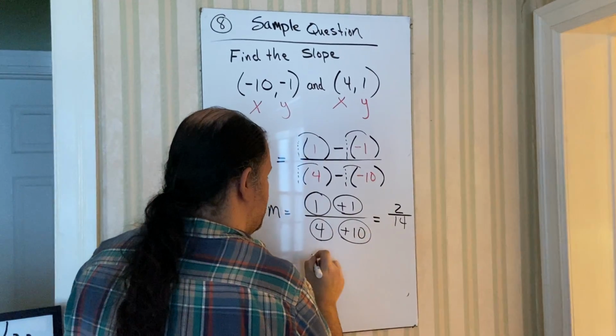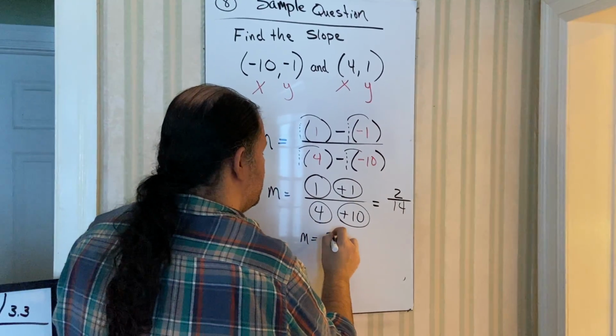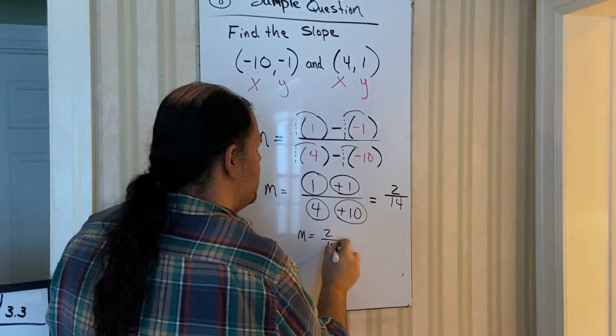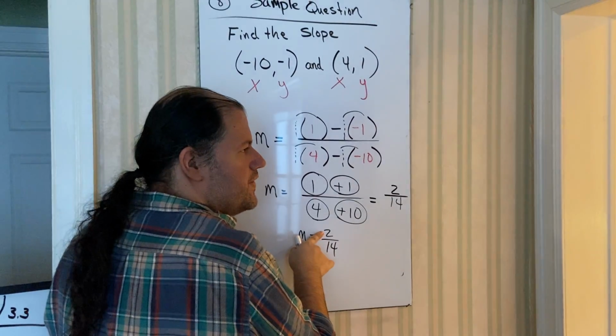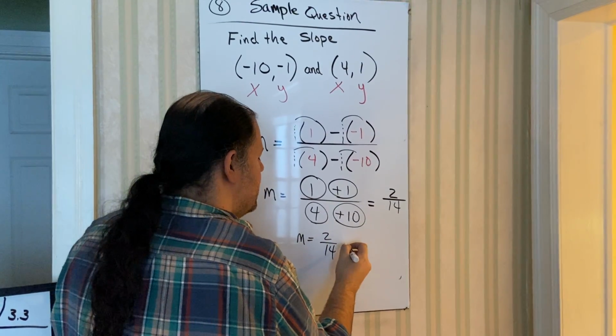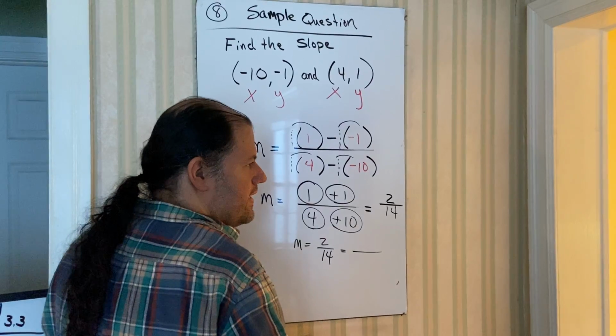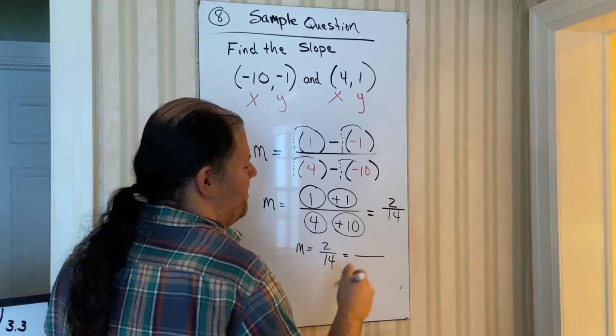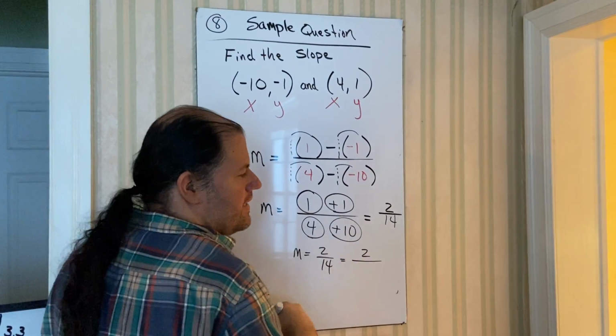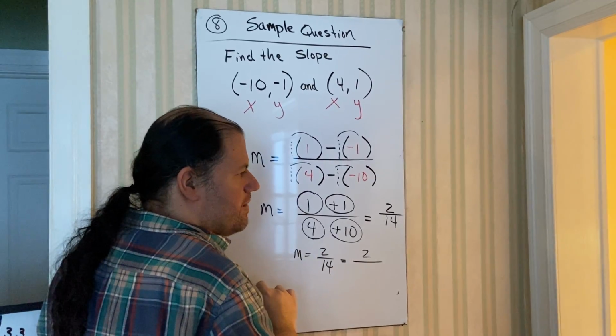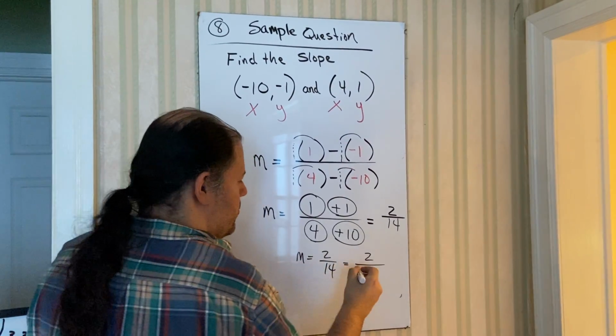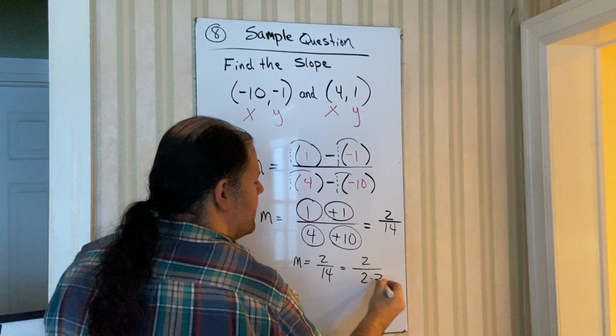Remember, when you reduce a fraction, you try to see if you can break down the top into prime factorization. 2, it's a prime number, so you can't break it down any further. But 14, you can break it down as 2 times 7.